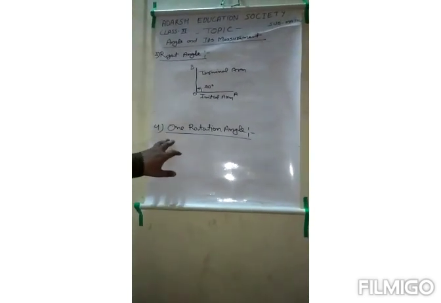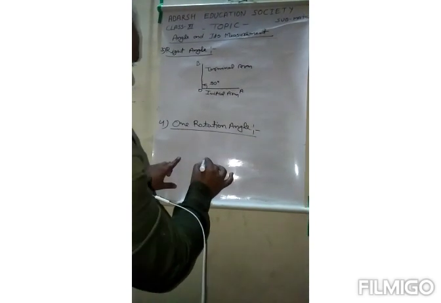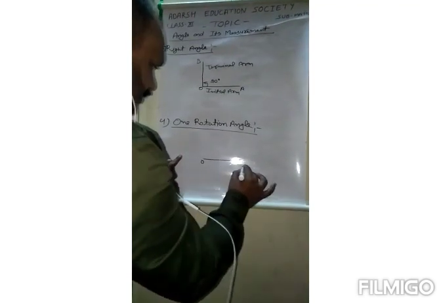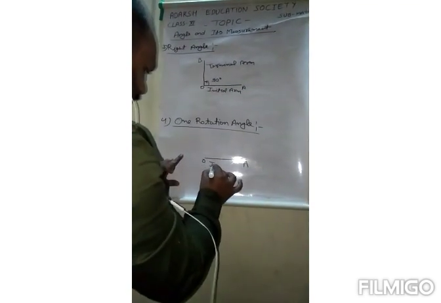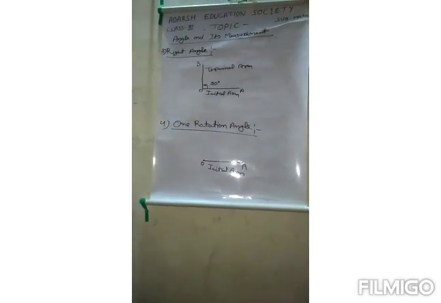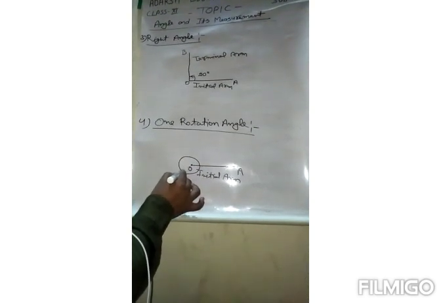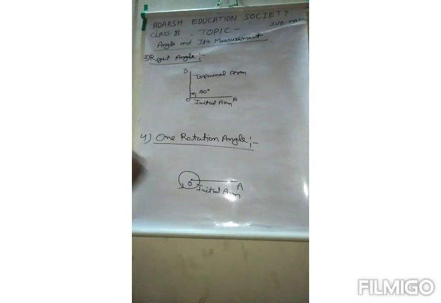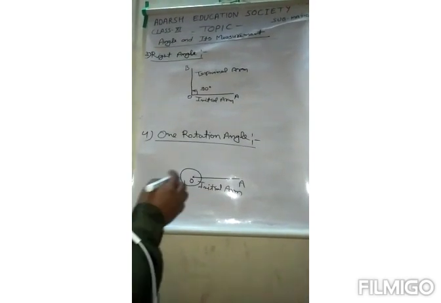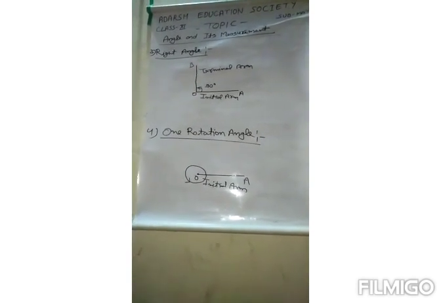Now the next topic is one rotation angle. As you know, one cycle. If we consider a ray as an initial arm, and through the point O we take one complete cycle rotation, that is a 360-degree angle, then the formed angle is known as the one rotation angle. You know that after completing one cycle rotation, we again reach the same point or same line.